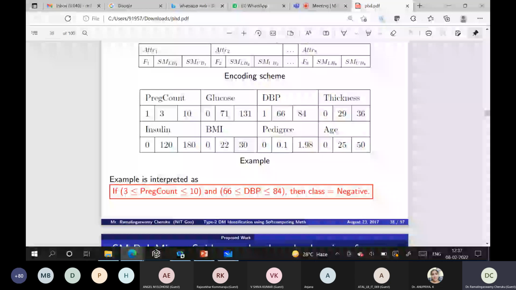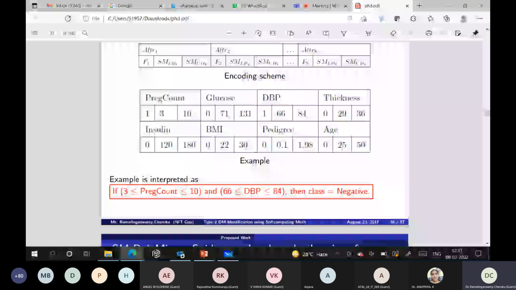If you see the sample encoding example, there was a 1 in the flag bit only for the pregnancy count and the DBP. The remaining fields had 0. If I interpret this in the form of a rule, the pregnancy count and the DBP take part in the if part, the conditional part, and these 2 features can be combined using the AND operator.